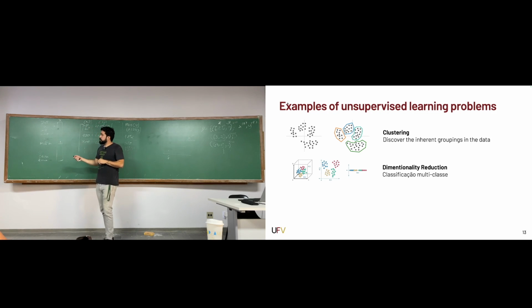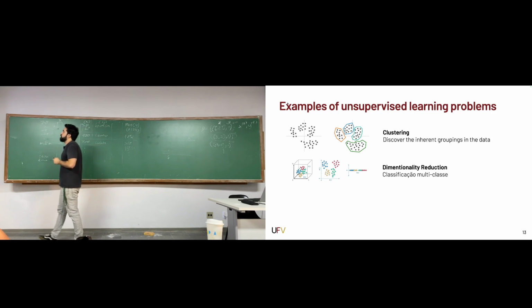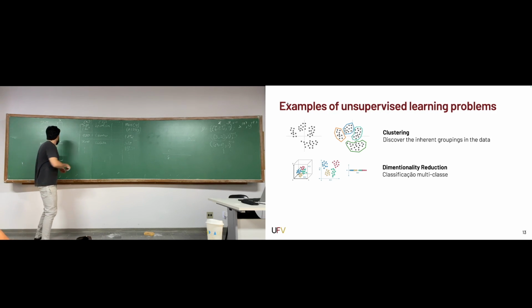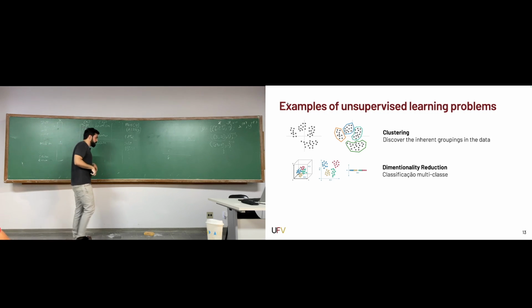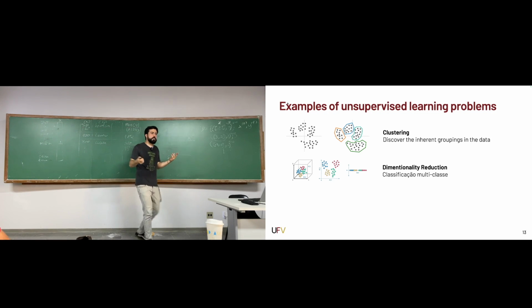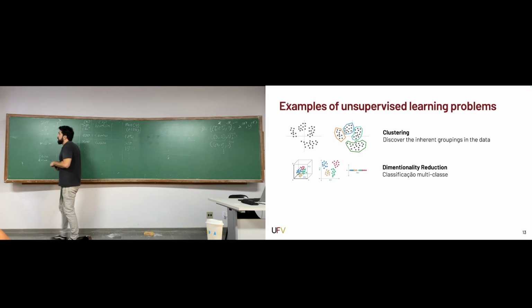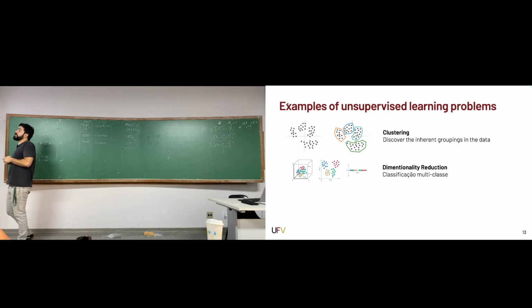Another classic problem is dimensionality reduction. As we already briefly talked about, in real world problems, we might have tens of thousands of features. The amount of features you have can be extremely large, and that might make it really hard to learn a function.